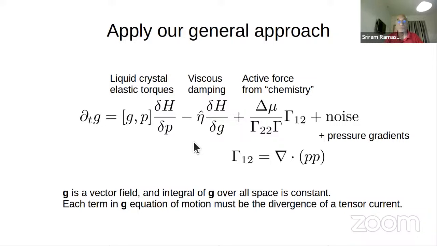The simplest such object you can write down, consistent with momentum conservation, i.e. it should be the divergence of some tensor, is the divergence of, sorry for my notation, this is supposed to be the tensor whose components are pi, pj, okay? This is boldface P, tensor, boldface P. My boldface didn't work for some reason. Okay, so the simplest term I can write down is div pp.